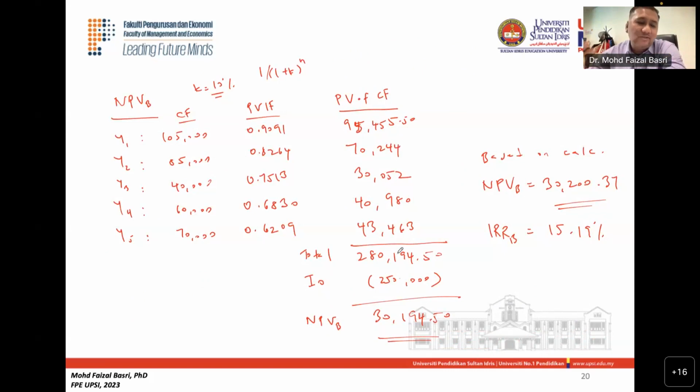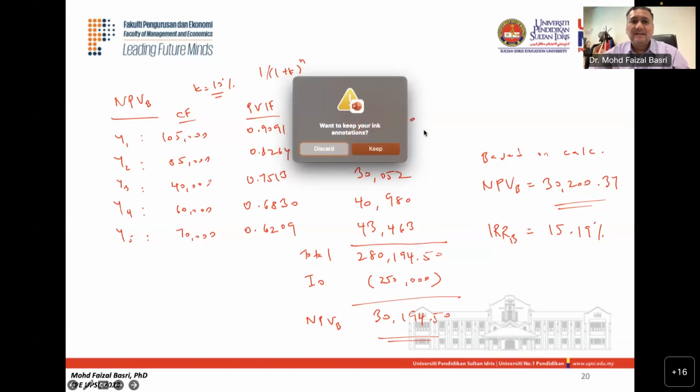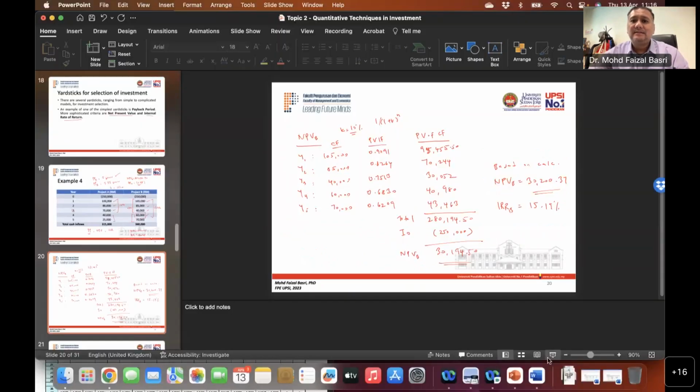Actually when we want to calculate manually, kita kena buat trial and error. Tadi kita dah calculate 10%. So next kita kena calculate lagi 12%, 14%, whatever. But since we actually have the answer, let's say we calculate based on 16%. You have to bear with me lah sebab nak calculate manually memang it will be troublesome.